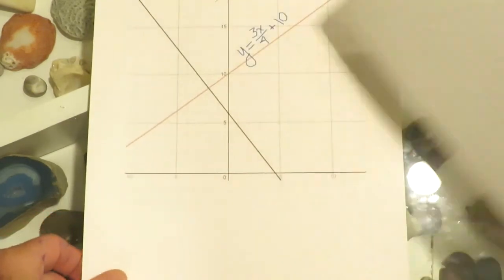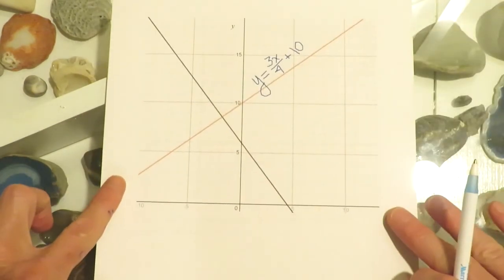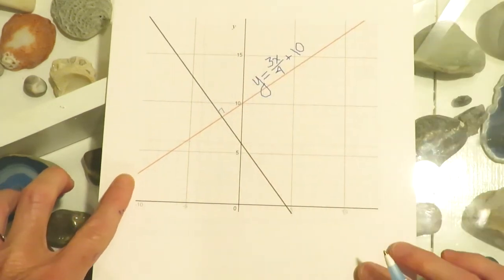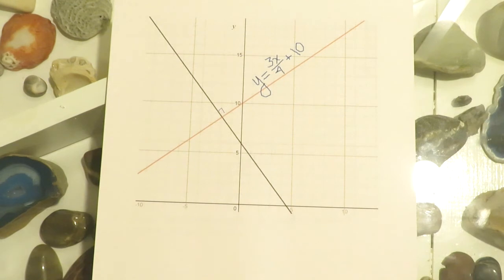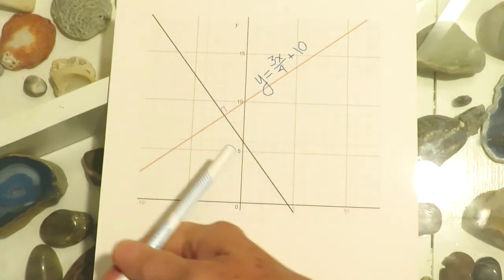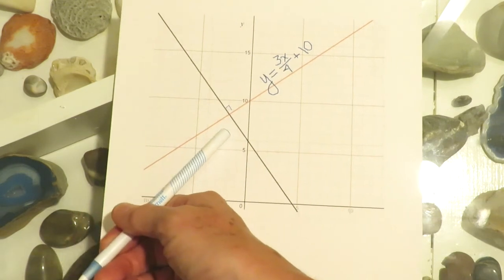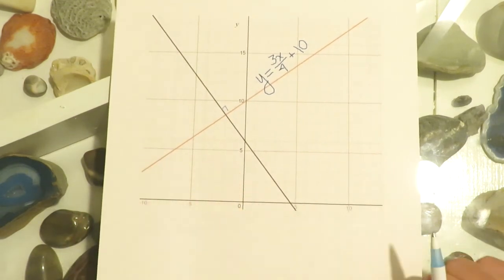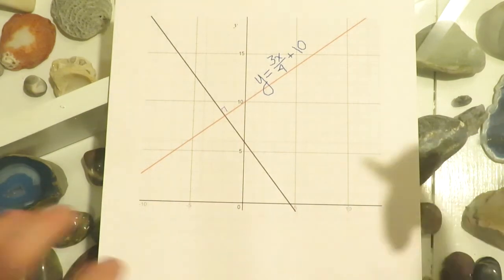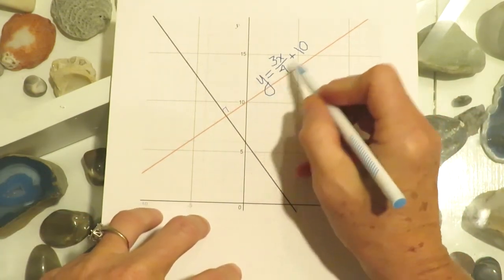Now, perpendicular lines form a 90-degree angle. That's what perpendicular means. And notice when my line has a positive slope, a line perpendicular to it is going to have a negative slope. Not only that, but here my slope is 3/4.